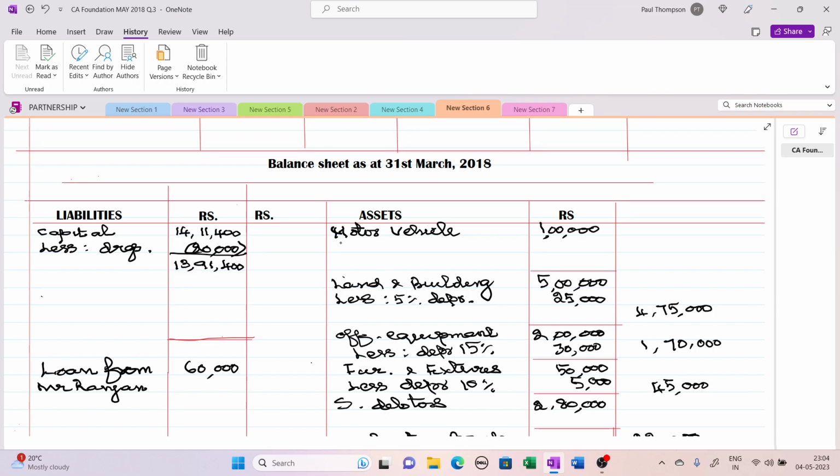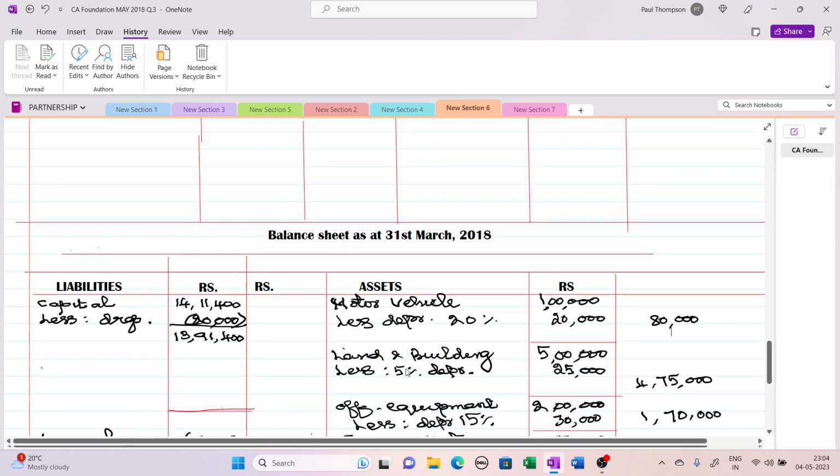Next one is motor vehicle, less depreciation 20%. This comes as 20,000. You can write it in the outer column. The figure is 80,000. So now all the depreciation will go to our P&L account.